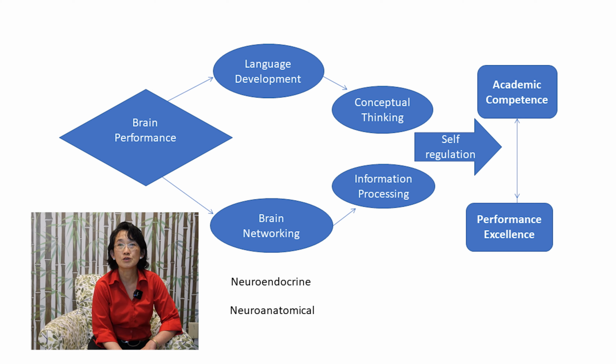So conceptual thinking and information processing keep developing in a child. And the more advanced this child or student is in them, the better able they are to regulate themselves. In fact, academic competence does predict the ability to regulate emotions.